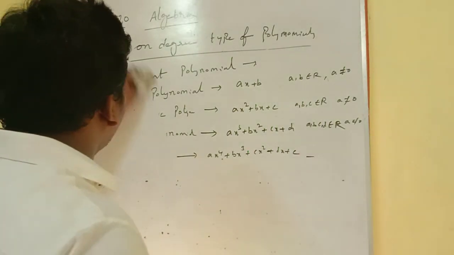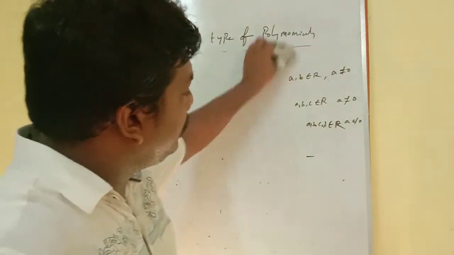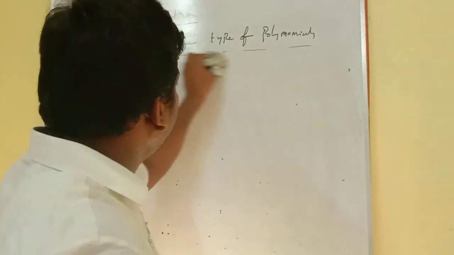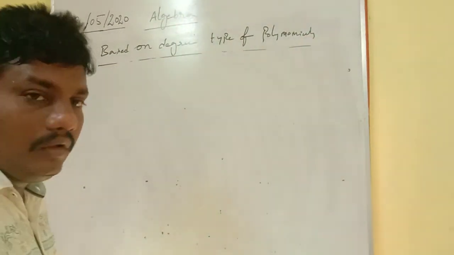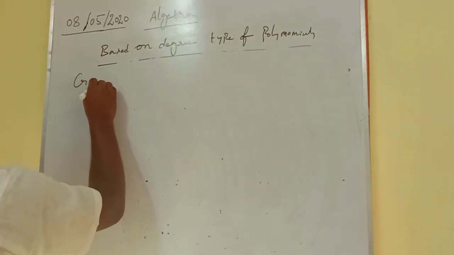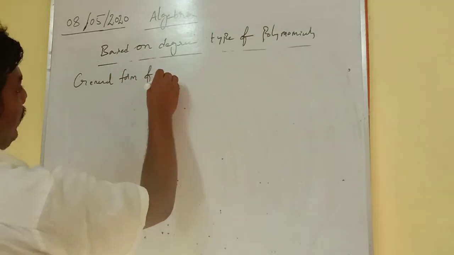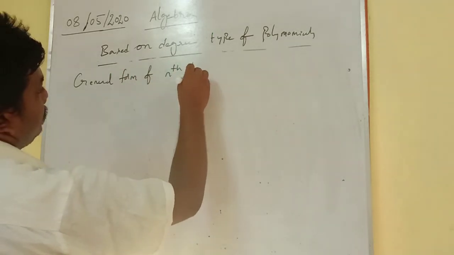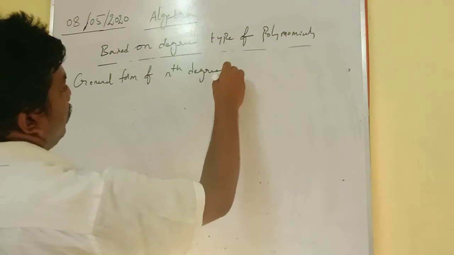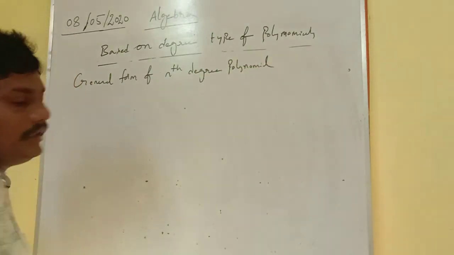Now, the nth degree polynomial. What is the general form of an nth degree polynomial?